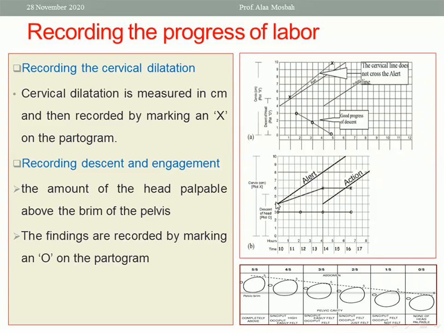That's why the mark of dilatation passes through the alert line and lies in the distance between the alert and the action line. We said the normal is to be to the left of the alert line. But now we have an alarm for cervical dilatation because it lies between alert and action.